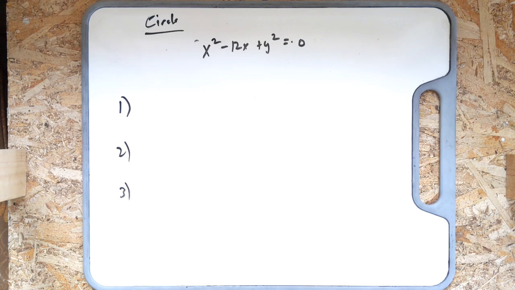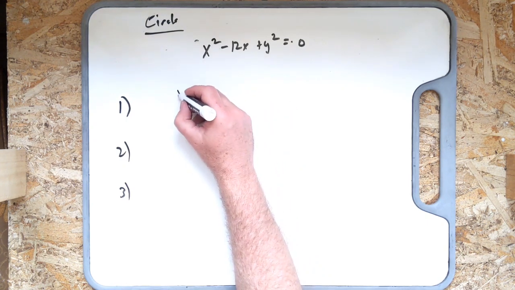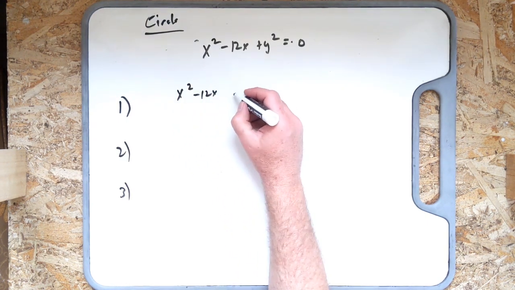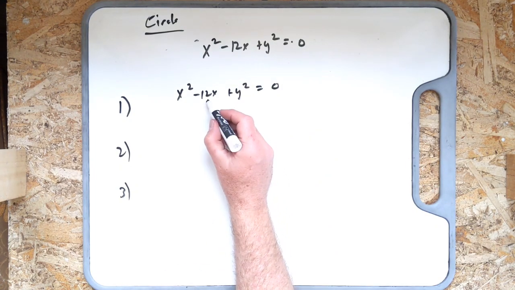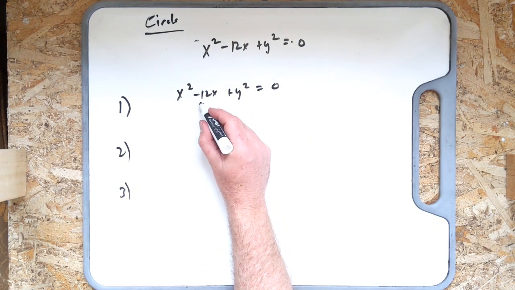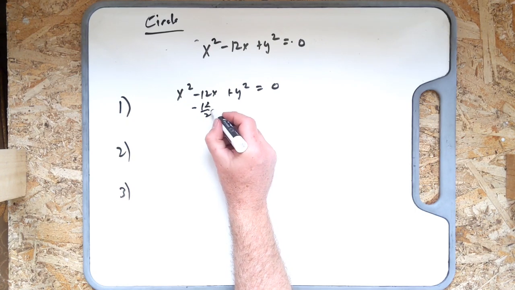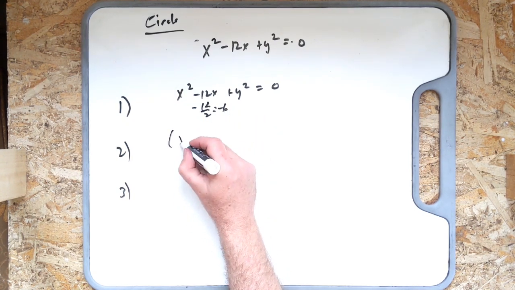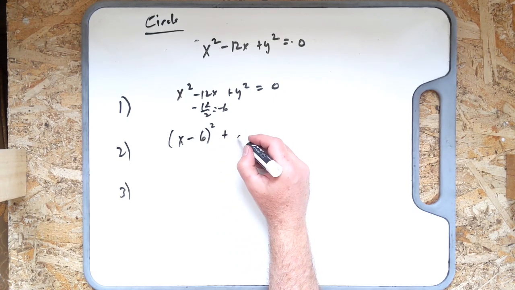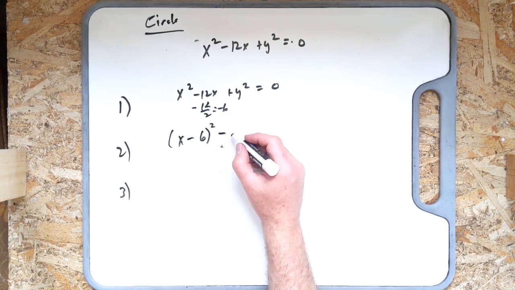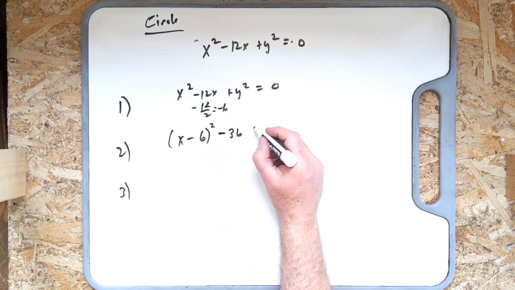Okay, if you're back. First group them. They're already really grouped, so that step is kind of unnecessary in this case. Take the middle coefficient of the x, divide by 2. That gives you negative 6. So that becomes x minus 6 squared minus negative 6 squared, which is 36.